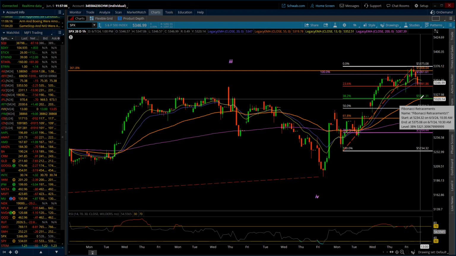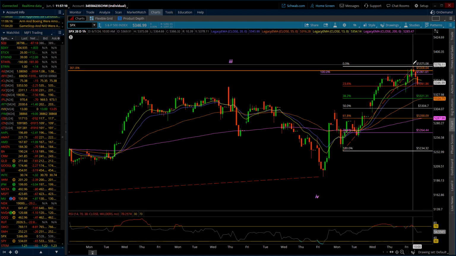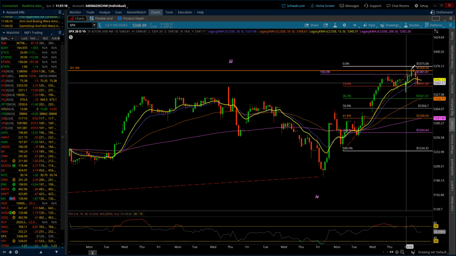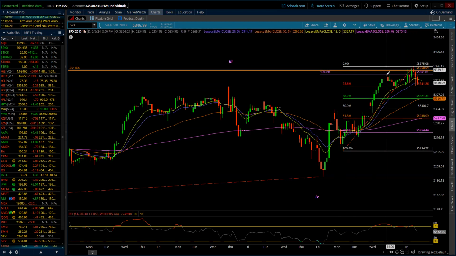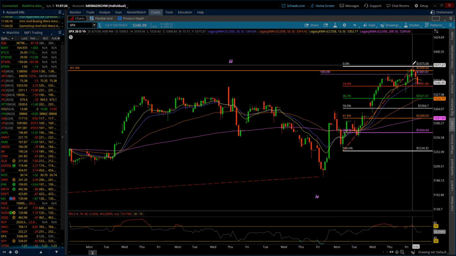That's also a possibility. Bottom line is, I don't believe the market has reached its high, but in the NASDAQ versus the cash market, it was easier to see the possibility that we did complete. So we can have wave 1, 2, 3, 4, 5.